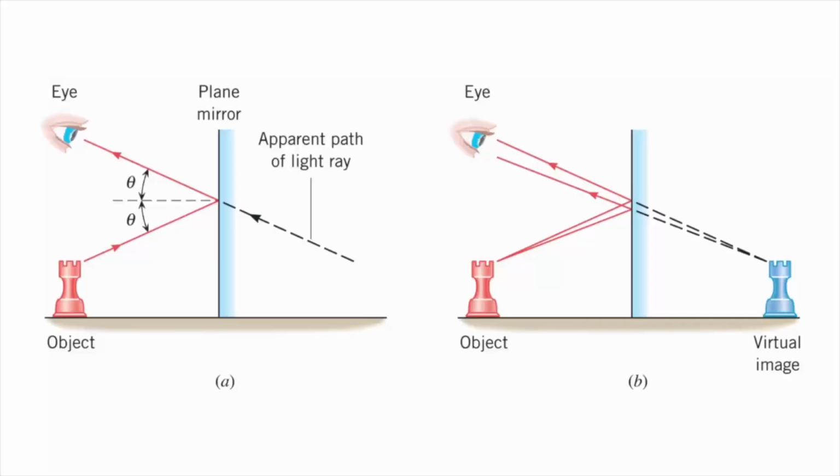You can always tell when it's a virtual image because light rays, real rays, these are real rays that came off of this object, right? Real rays are being traced back, and then we use dotted lines for virtual rays, right? To follow the path that our eye is tracing back, and then our brain will form the virtual image that's right there.